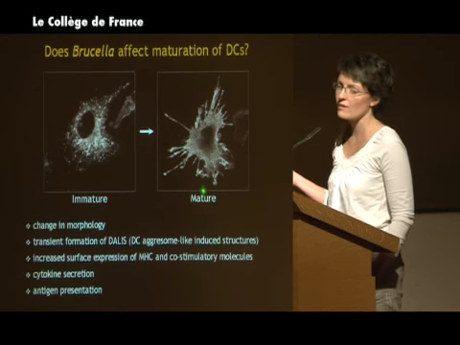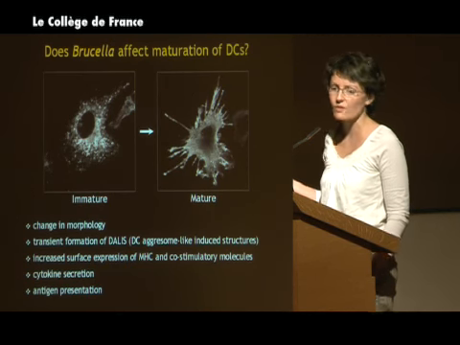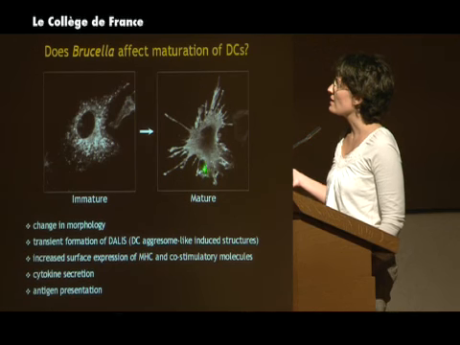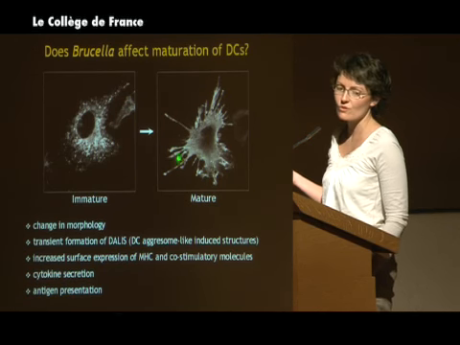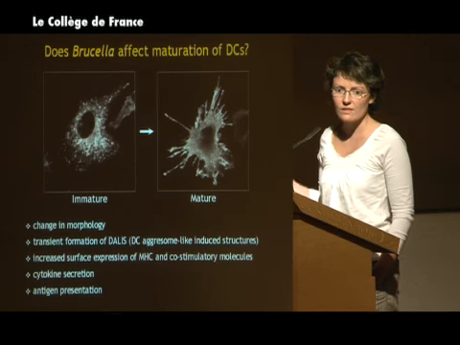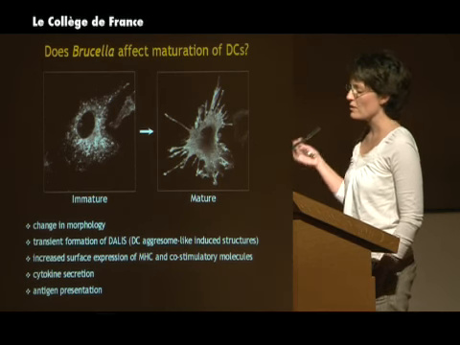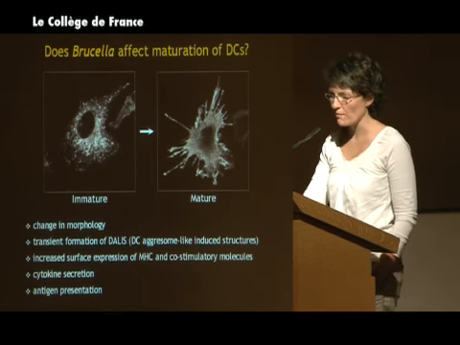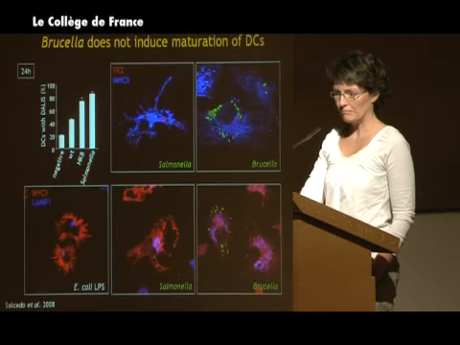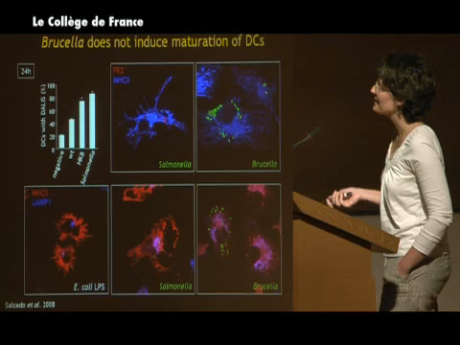There's upregulation of MHC class II, which now moves to the cell surface. There is appearance of these dendrites. There's also increased surface expression of co-stimulatory molecules, secretion of cytokines, and eventually, if they're fully mature, there's also efficient antigen presentation. So we wanted to know what was the effect of Brucella on dendritic cells during infection.